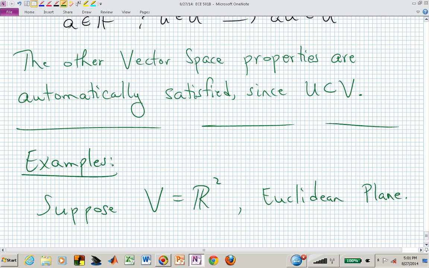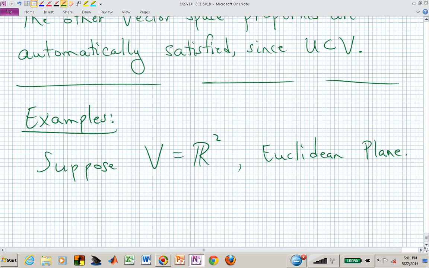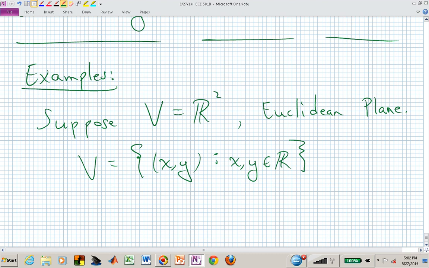Suppose V is R2, or you could say V is the set of ordered pairs X comma Y, such that both of those coordinates, X and Y, come from the set of real numbers. That's our plane. That's our overall vector space. Let's see if we can identify some subsets of that that might actually be vector spaces themselves.